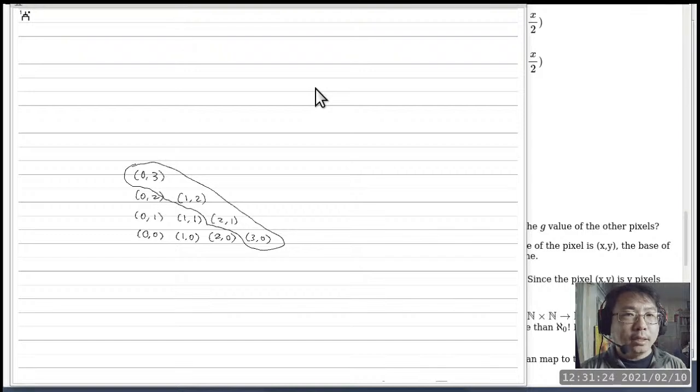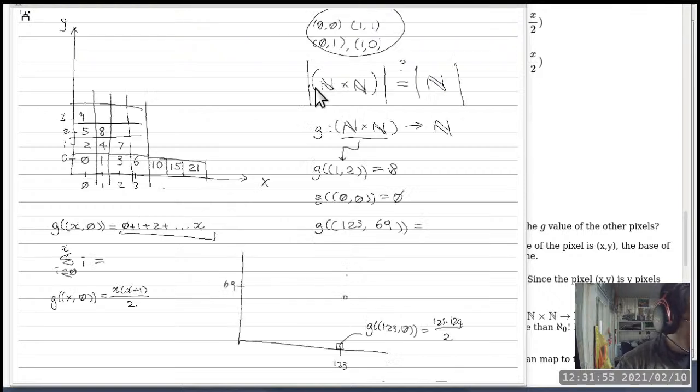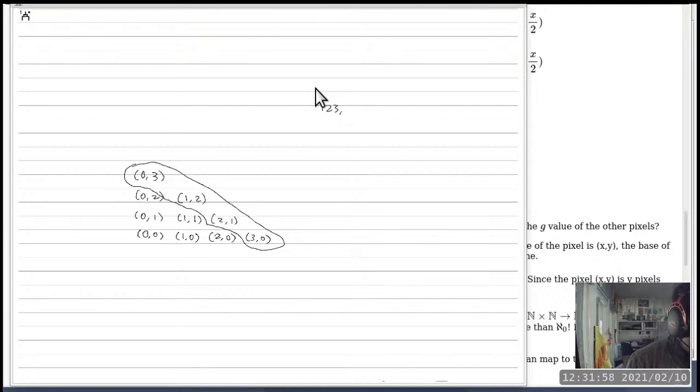So that means if you know the sum of the x and the y component of a particular pixel, you can find who is at the base of that diagonal line. Let me say that one more time. If you know the x and the y value of a particular pixel, like the one that we are talking about, we have 123 and 69. Let me check. Yep, 69.